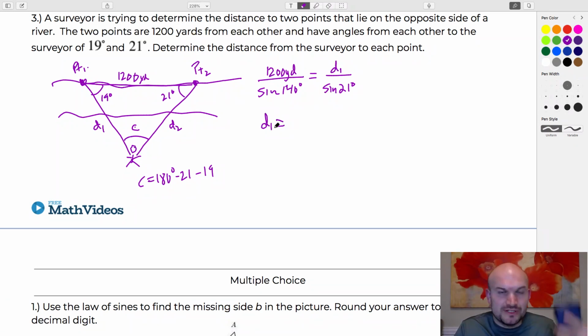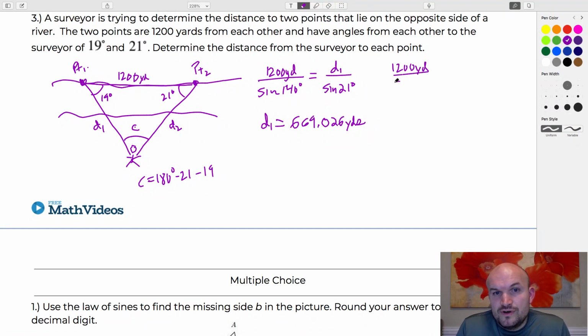To speed up time, I'm just going to type in 1200 times the sine of 21 divided by the sine of 140. Assuming I typed in everything correctly, I'm getting 669.026 yards.